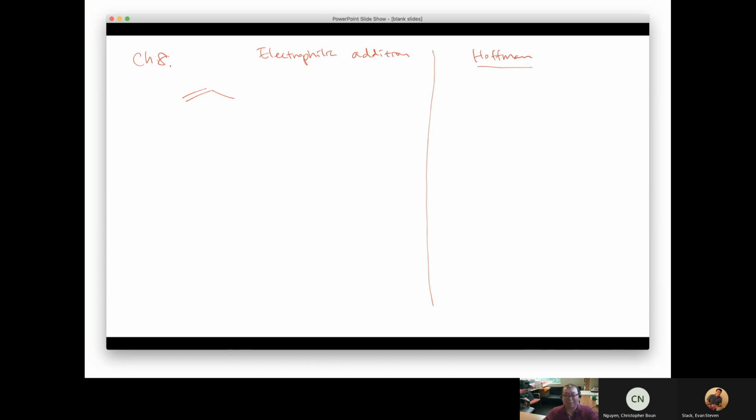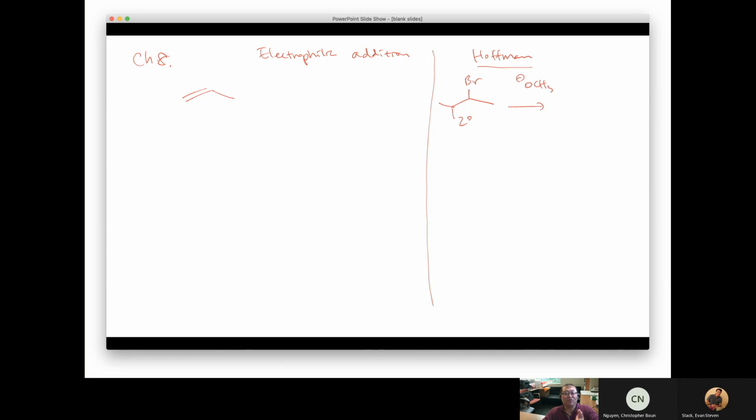Let me give you some examples here. Let's say this is a secondary alkyl halide, and you treat it with methoxide, which is a base.